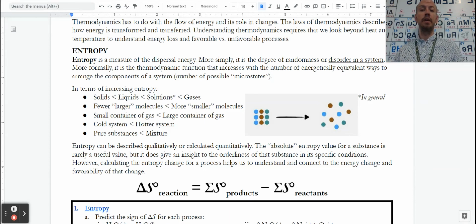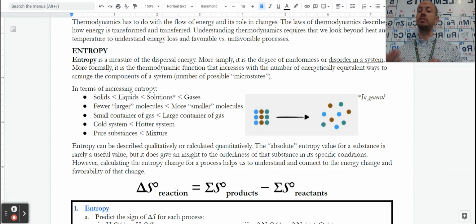In terms of entropy, we can compare states of matter, and that's usually the most important way to describe entropy. Solids are the most orderly, most neatly organized, most compact, and least random. Liquids are still compact, but moving more freely, so more randomness and disorder. Solutions, especially aqueous solutions, are a little bit more disorderly. We have a liquid mixed with some sort of solute, and they're intermixed together.